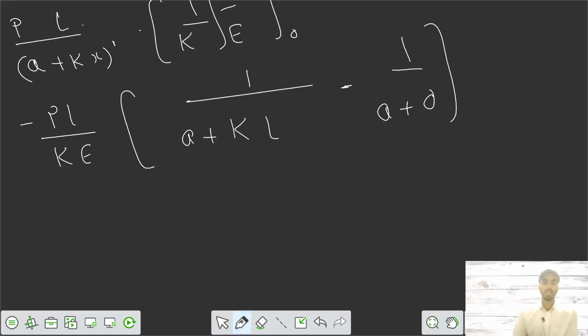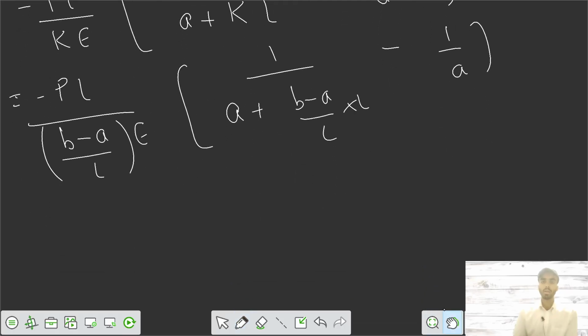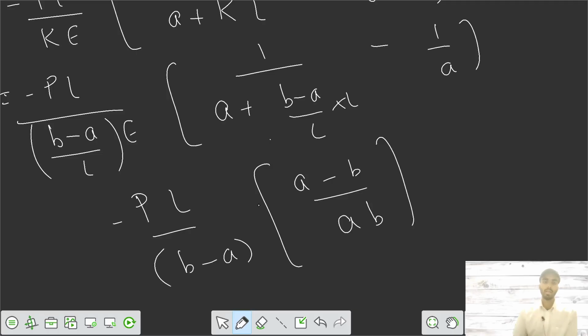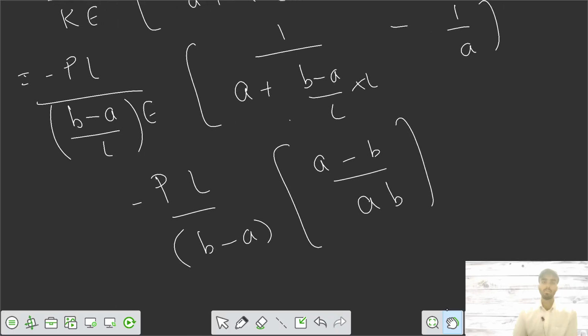Becomes like that. Then we have minus PL by kE. K is your B minus A upon L. E, 1 by A plus (B minus A by L) into L, minus 1 by A. This cancels, A and A cancels, and it becomes A minus B by AB, PL, B minus A, and you have E also.